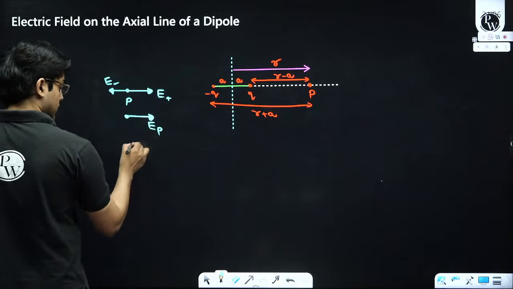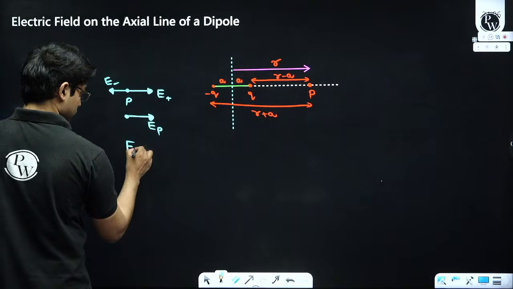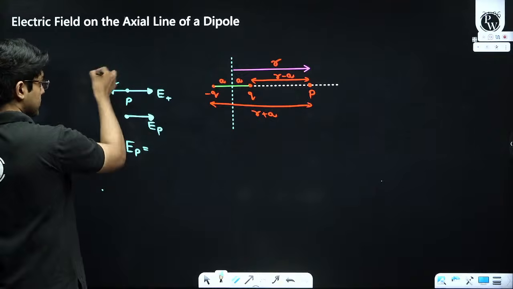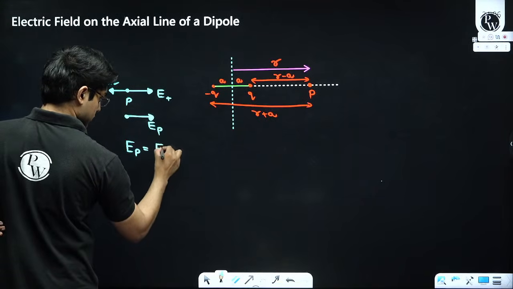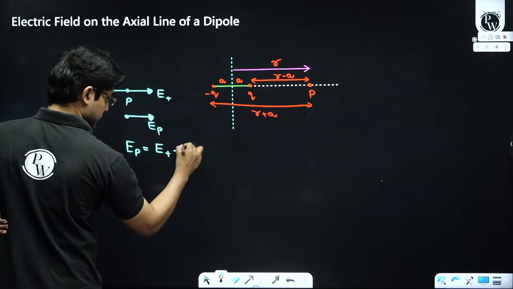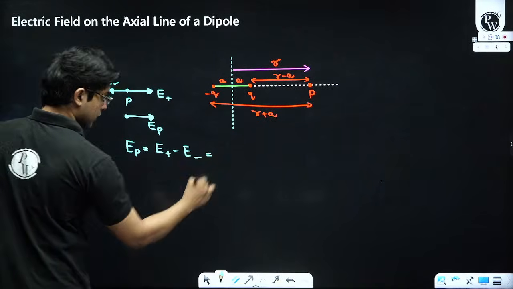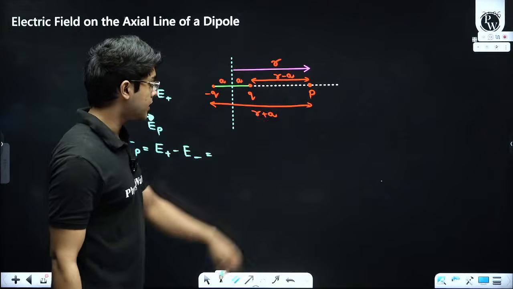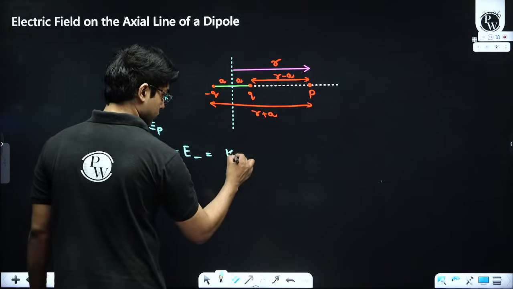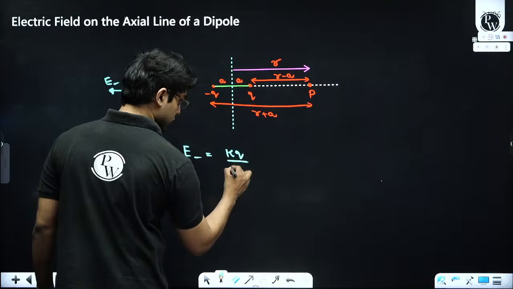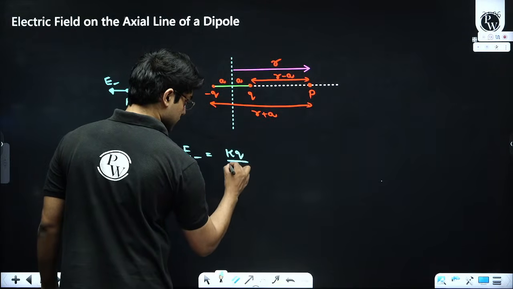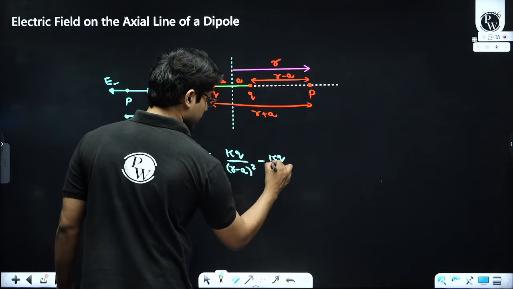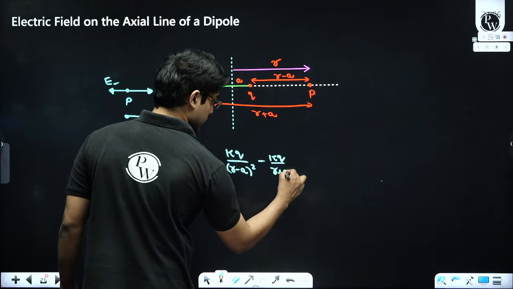Now just solve it. The net field will be this E plus minus this E minus. Now the field due to this plus Q charge is KQ divided by (R minus A) the whole square. Just use the point charge formula. And the field due to the negative charge is KQ divided by (R plus A) the whole square.